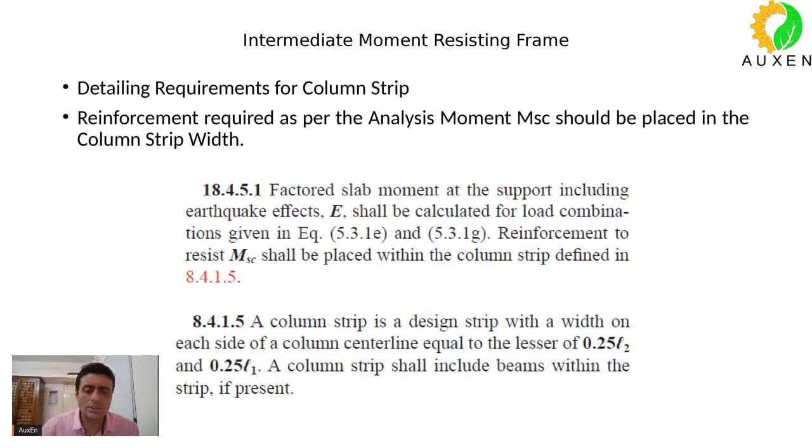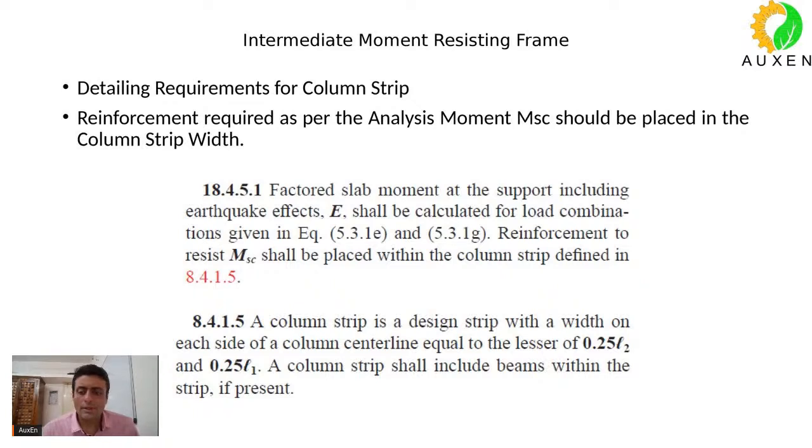Most of the lateral loads from the diaphragm action will be transferred through the column strips. So I would be talking more about the column strips, and we would detail them in a specific way to enable them to act somewhat like beams. Okay, so it would be the column strips that would be acting as, you could say, a beam element, transferring the lateral load to the columns below.